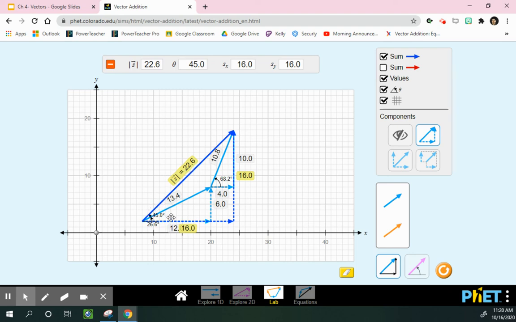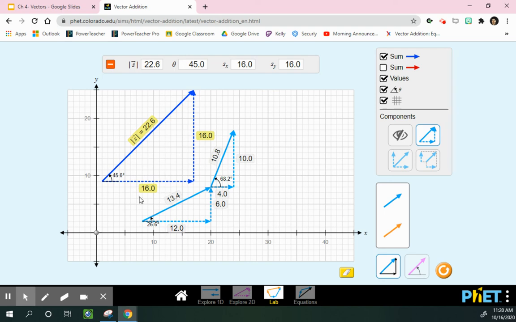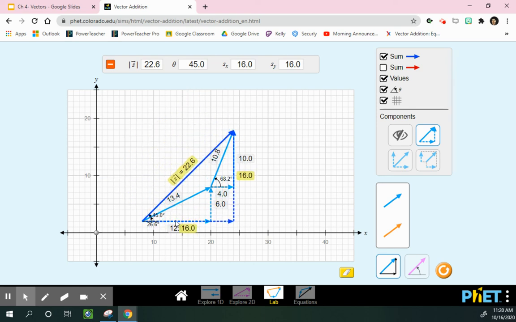That won't give us this angle down here. So to get that angle, if I move this, we would need to find these two components. And to find those two components, we need to add up the components of our two vectors.